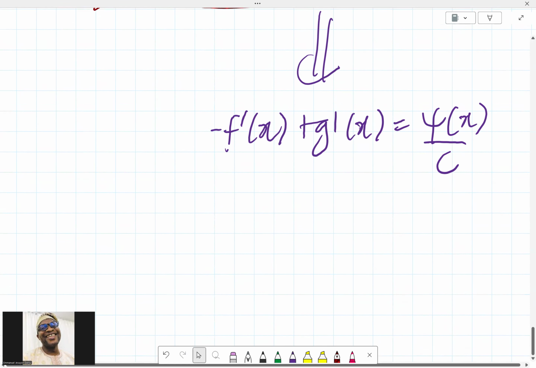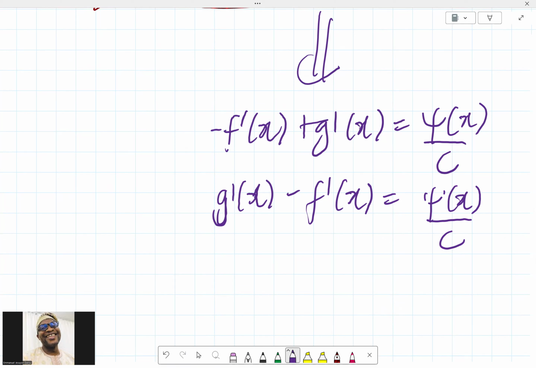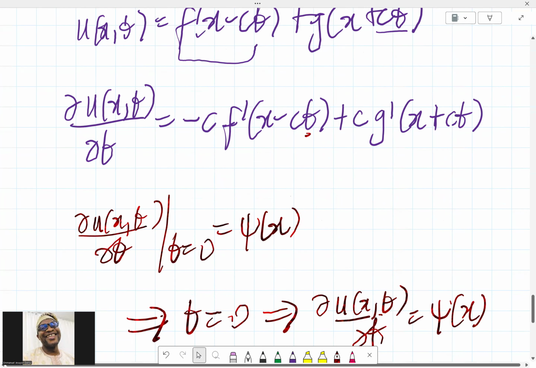That is exactly the same thing as g prime of x minus f prime of x equals psi of x all over c. Or we can even leave it the way it is up there for easy handling later. So let's just leave it the way it is here, because now we have two expressions.